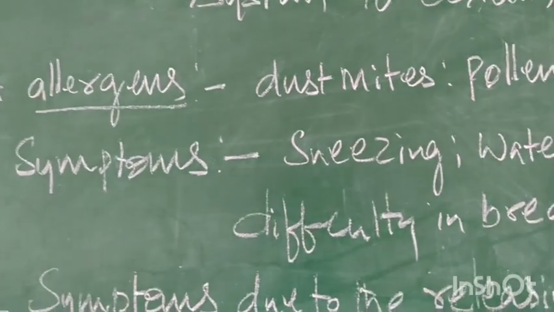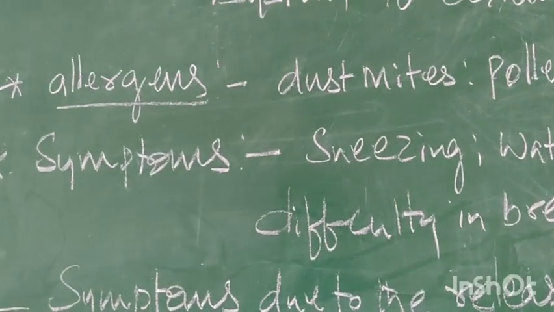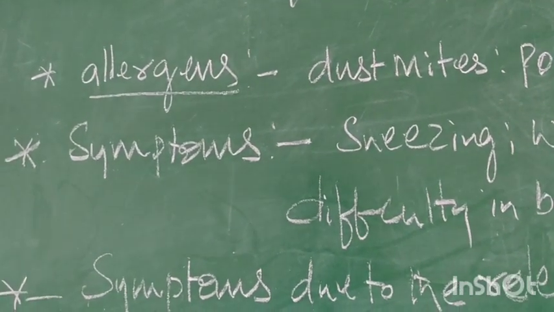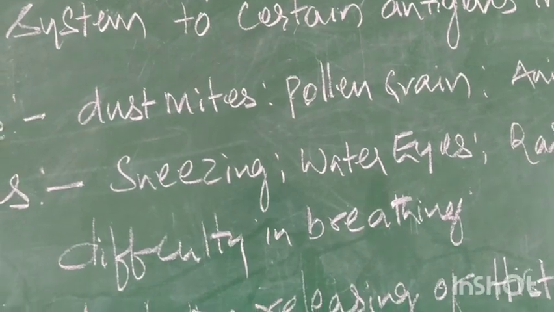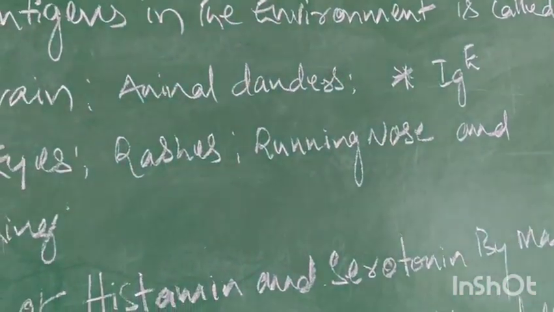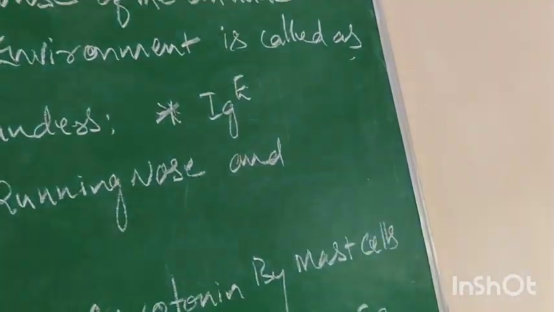First of all, for making the notes, allergens, for example, dust mites, pollen grains, animal danders. IgE is one type of antibody.